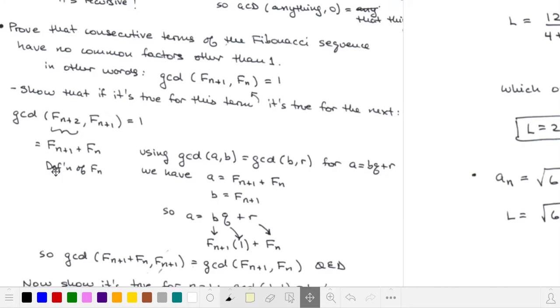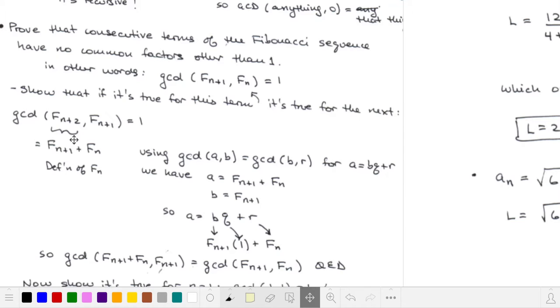So here I can just use the definition of the Fibonacci sequence, which is that one term of the Fibonacci sequence is just equal to the sum of the previous two terms, to rewrite this first term as f sub n plus 1 plus f sub n. Well, this now becomes the a of my GCD AB lemma. This is a, f sub n plus 1 plus f sub n, and this is b. Well, notice if I write it like this, my b term is right here.